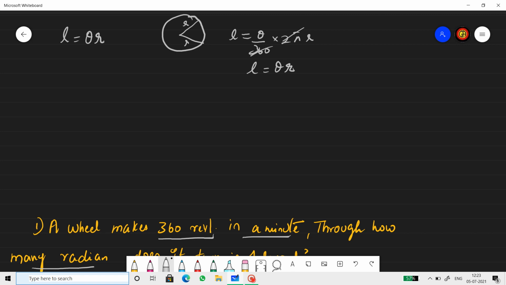You convert degree to radian and do it, or you keep it in degree itself and do it, you still get the answer. So make a mark of this particular point. If L and r are given and you're using this formula to find theta, the theta you get will always be in radian form. And when we did the radian sums, you must have noticed that some of the radian measures are in pi form, some are not in pi form, so it is fine. All right.